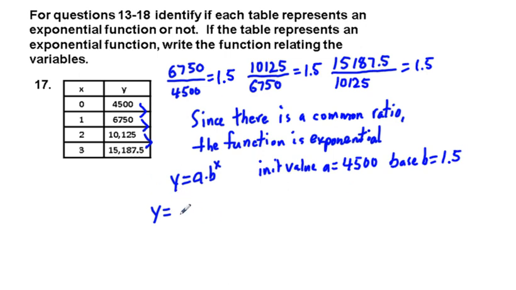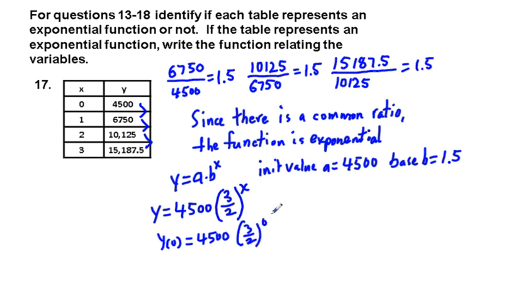So y equals 4,500 times, I'll just put it as 3/2 instead of 1.5, to the power of x. For the first one, y sub 0, testing out here, we get 4,500 times 3 halves to the power of 0. Anything to the 0 power is 1, so we're going to get 4,500. That checks out.